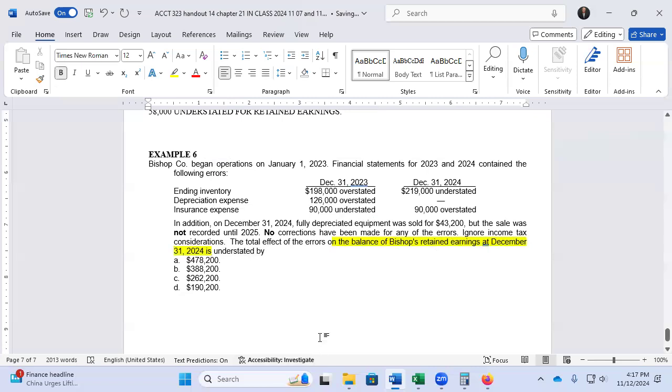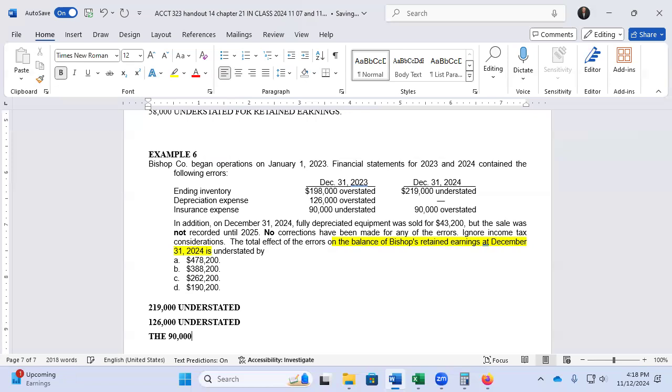2024, I'm sorry. So we have to look at this one and say, okay, this 219,000 is understated. The 126,000 is understated.